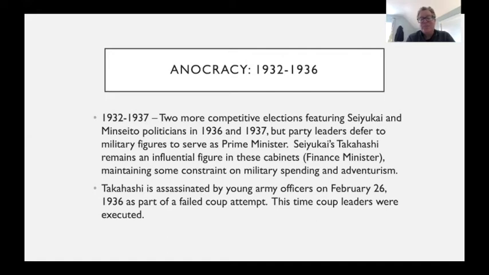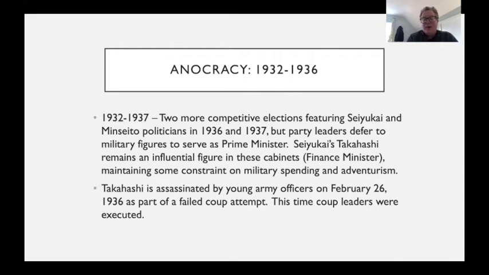Mr. Takahashi himself was then assassinated by a group of young army officers on February 26, 1936, as part of a failed coup attempt. This time there were hundreds of members of the military, members of the faction that believed the emperor should rule Japan directly, and that they should get rid entirely of all of these trappings of democracy.